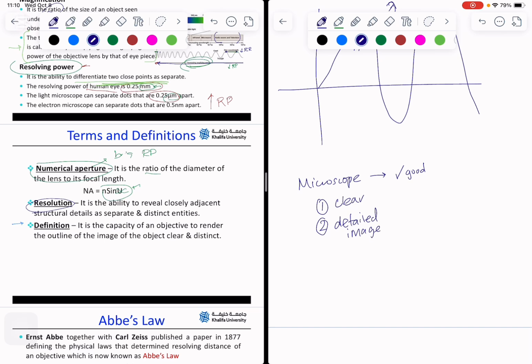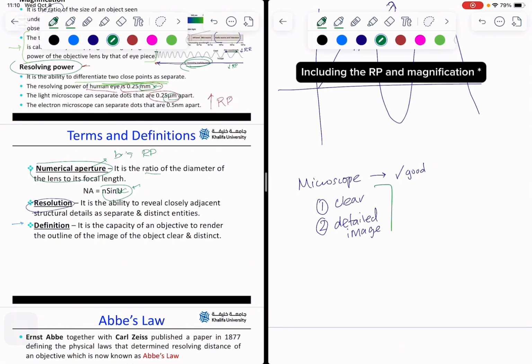So based on these two things, I could say that this microscope is actually good. And how do you achieve this? You will achieve it through three things. The first thing is the NA, or the numerical aperture. I don't know if I'm saying it right or wrong. Number two is the resolution power. Number three is the definition, or how defined the picture looks.